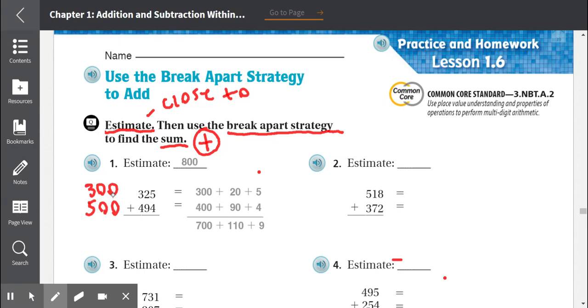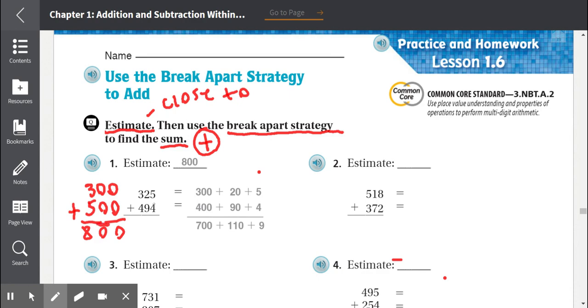So if we estimate that, that'll be about 800, and that's how they got this 800. This is the estimate, so we know our answer is going to be close to 800 when we find the sum.